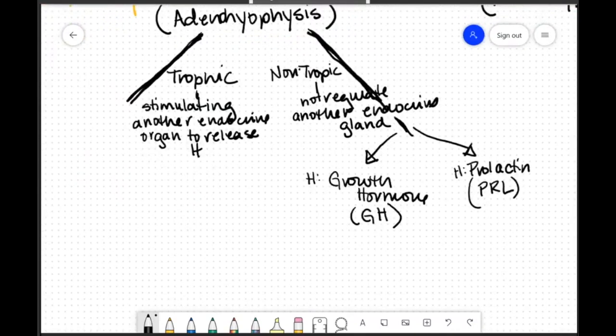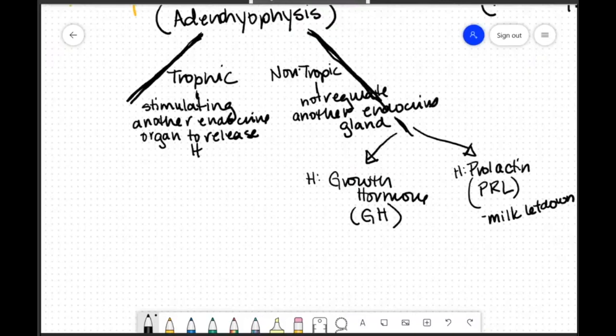What do they do? It's very interesting. Prolactin is really responsible for pregnancy, but one of its big functions is milk letdown. Following the birth of a baby, prolactin is responsible for the mother's milk letting down into the breast in order to have lactation. It's also responsible for breast development in general.